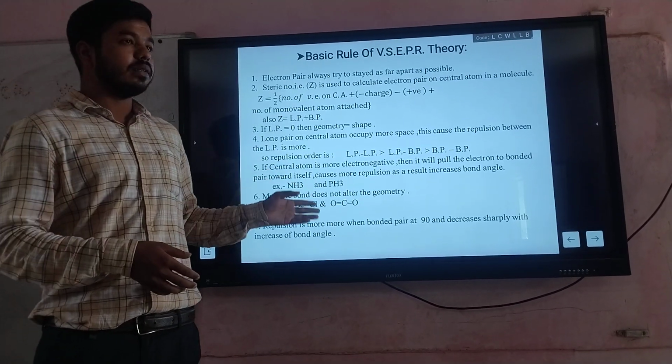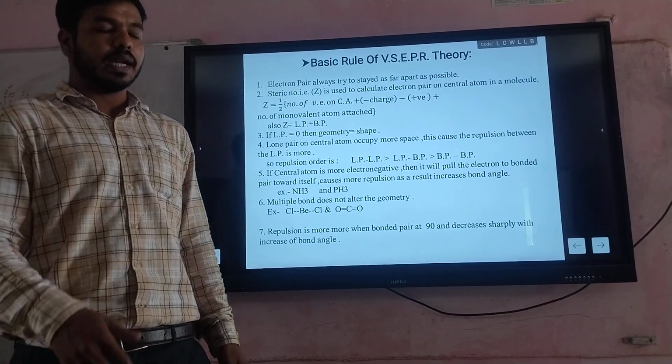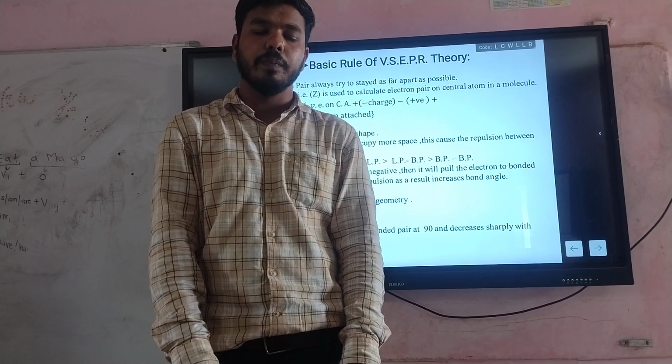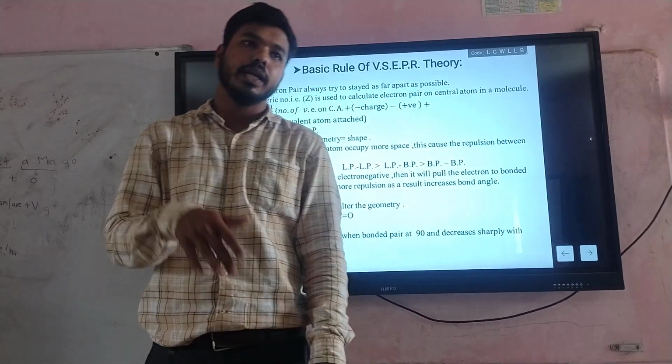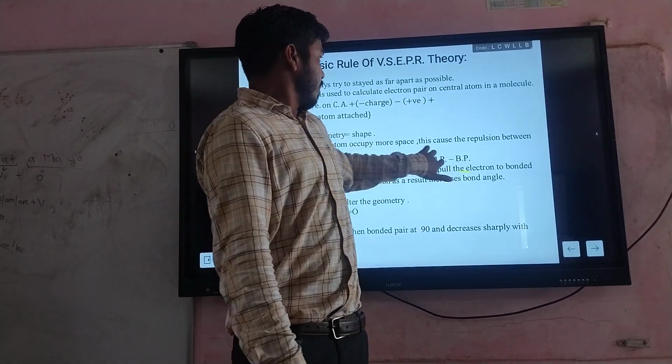So multiple bonds do not affect the geometry of the molecule. Then the last rule is, repulsion is more if bonded pairs are at 90 degrees and sharply decreases with increasing bond angle.